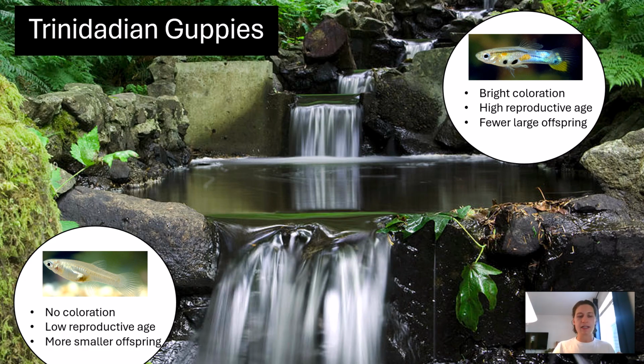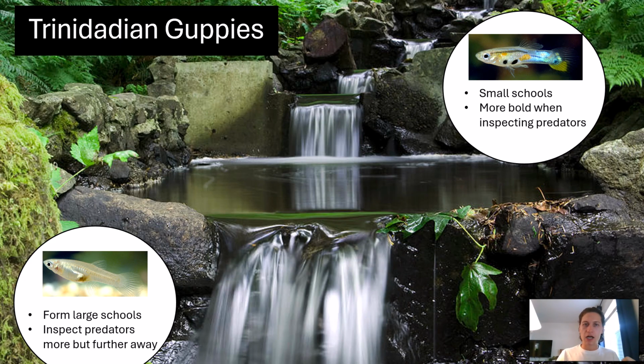But the interesting thing is, it's not just physical traits that the guppies have differences in. There are also behavioral differences. For example, the guppies that live in a low predation area typically have smaller schools, and, importantly for an experiment that we're going to go over, they're much more bold when it comes to inspecting new things.